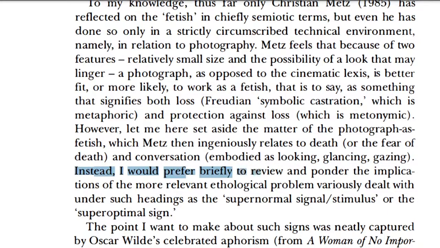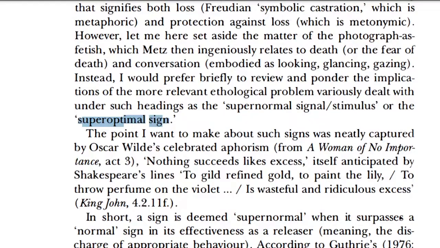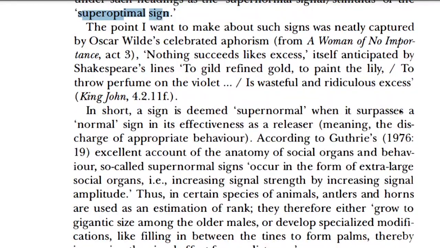Instead, I would prefer briefly to review and ponder the implications of the more relevant ethological problem variously dealt with under such headings as the supernormal signal stimulus or the superoptimal sign. The point I want to make about such signs was neatly captured by Oscar Wilde's celebrated aphorism from A Woman of No Importance, Act 3. Nothing succeeds like excess.